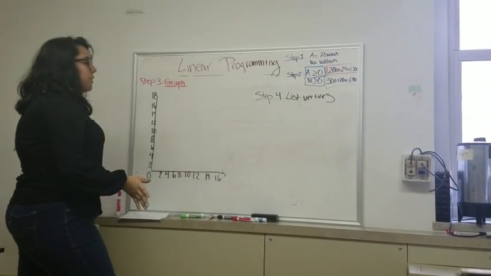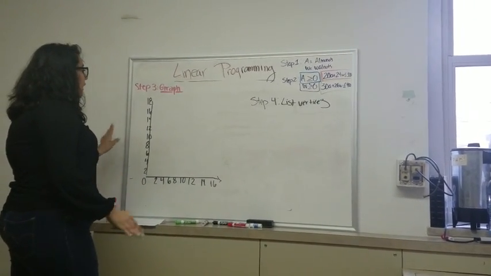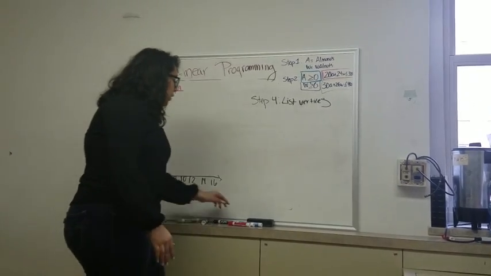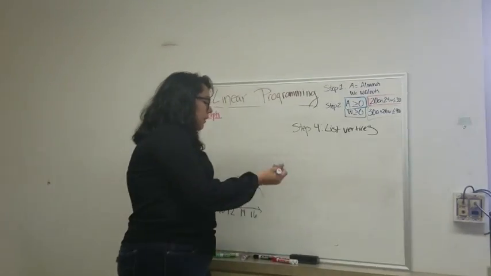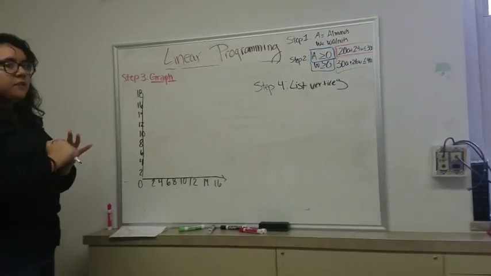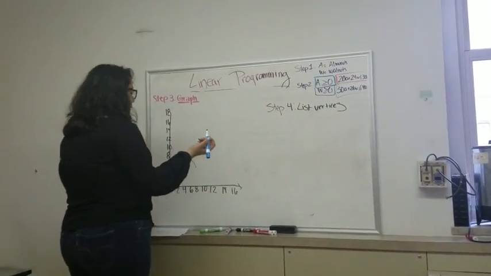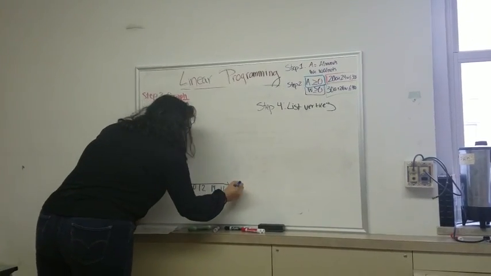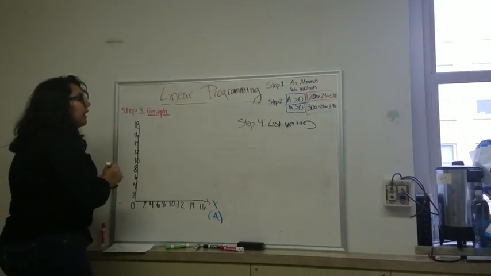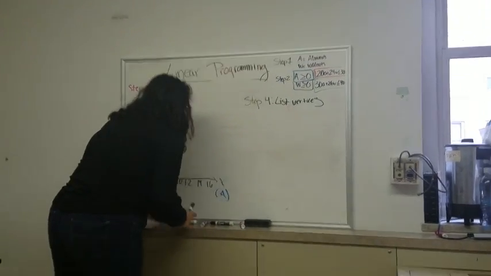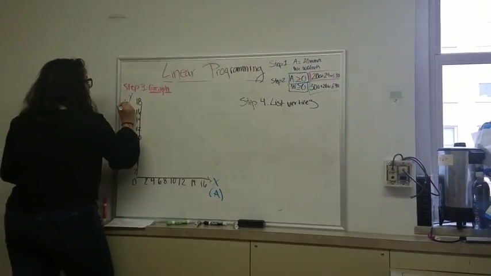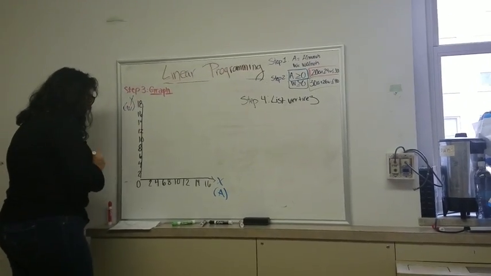So what we are going to do is graph these constraints on the actual graph. We know A is the almonds, and he has to buy greater than or equal to 0. So this is going to be your A, which is technically X, but let's make it A. And your walnuts are W, and let's make that your Y, but we know that's your walnuts.